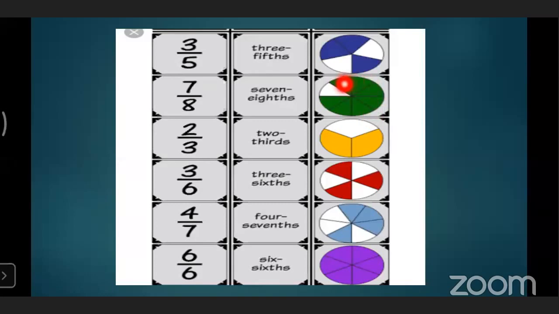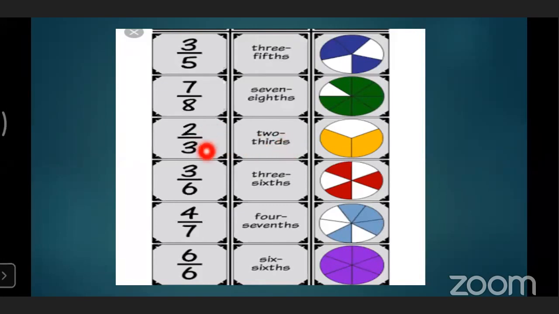Let us count. 1, 2, 3, 4, 5, 6, and 7. 7 parts are colored from the total 8 parts. So we have written 7/8, right? Let us see the next example.